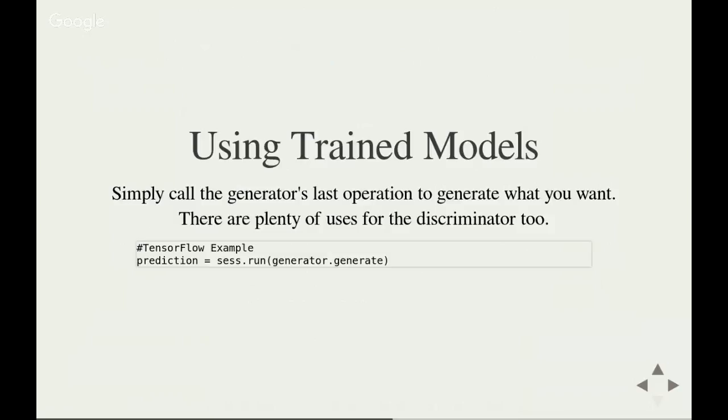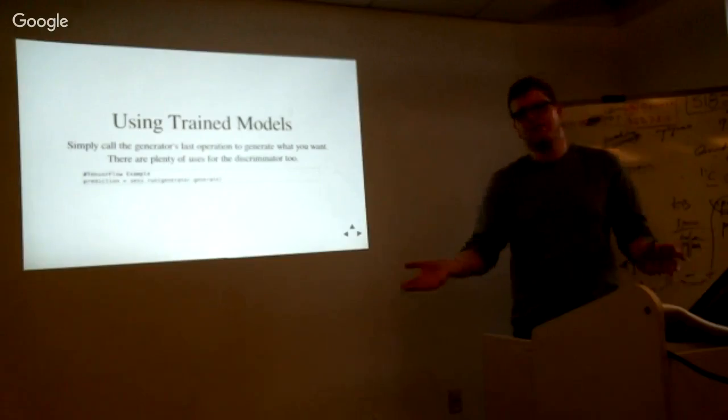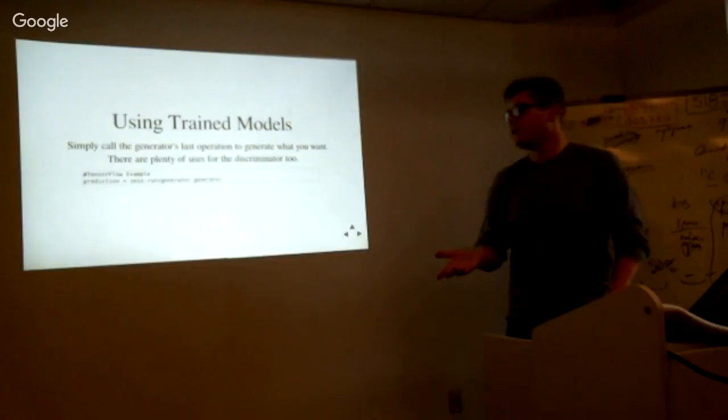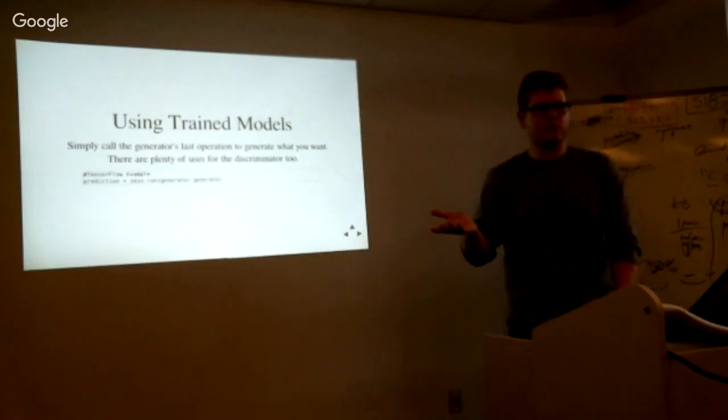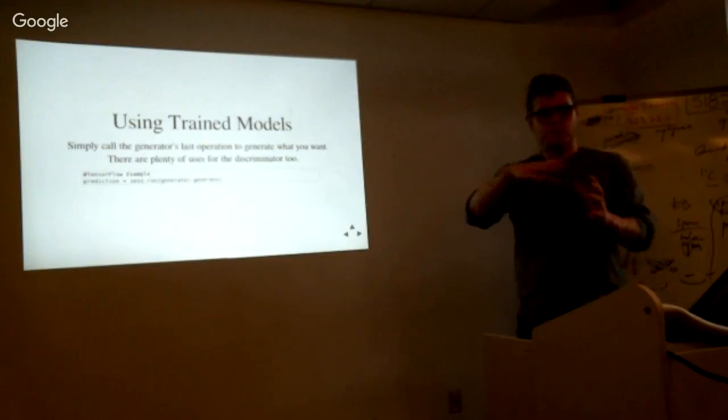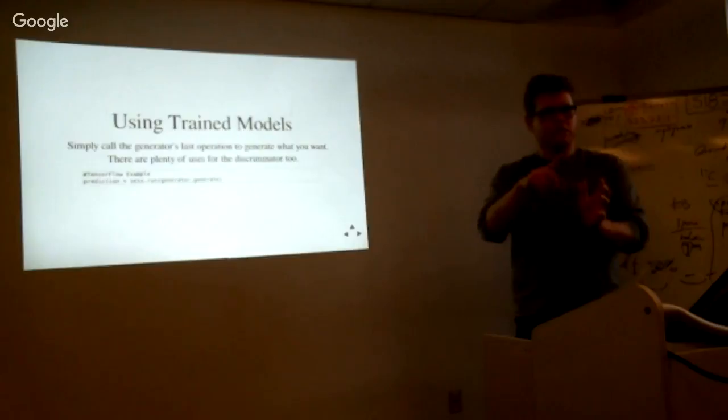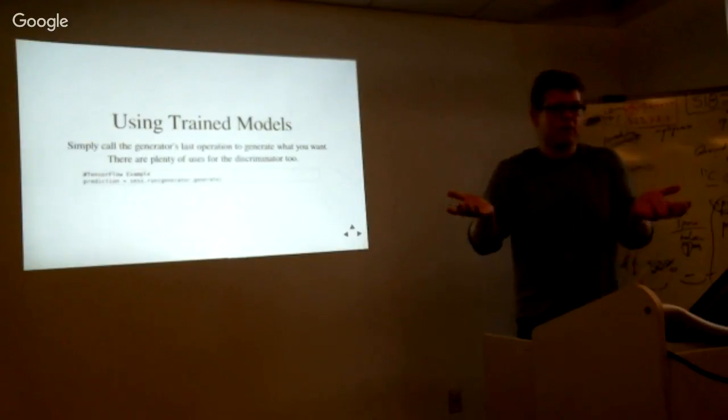With this adversarial setup, we end up with something that can approximate the joint distribution of labels and the data itself. So I can generate lots of images of cats, lots of images of dogs, whatever you want, with the generator. But I can also use the discriminator for classification type tasks. If I take this network, which has been trained to differentiate between fake cats and real cats, it probably has a pretty good idea of what a cat looks like at that point.